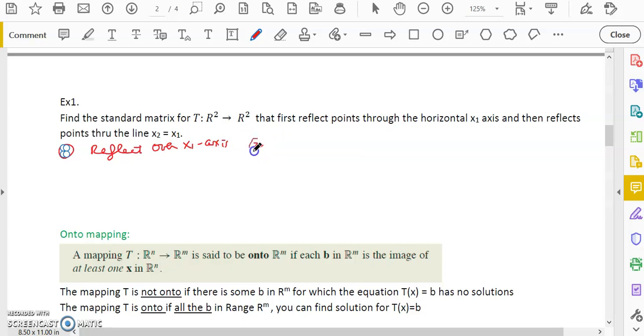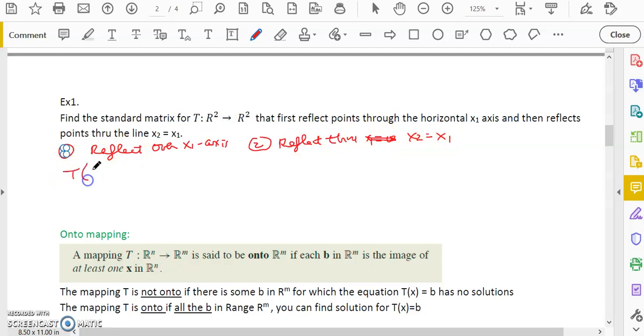And the second step is we flip through x1 equal to x2, or y equal to x. So that means x1 and x2's coordinates switch.